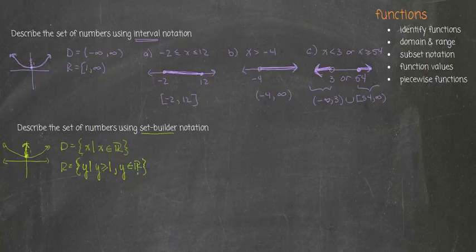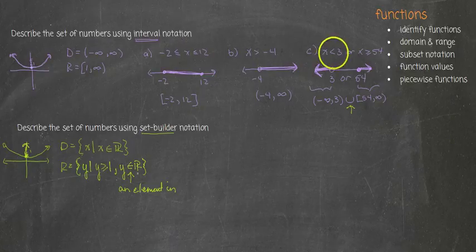This little symbol, just like this symbol is part of set notation, so is this. This means an element in. So y is an element of the real numbers. So let's use the same values we used before, only this time I'm going to use set builder notation.